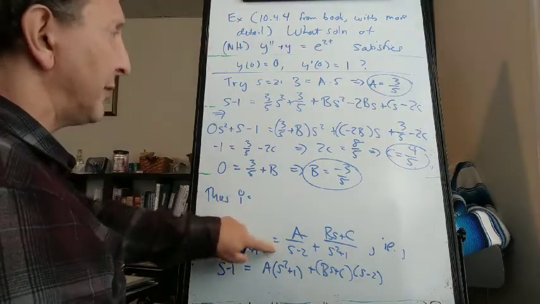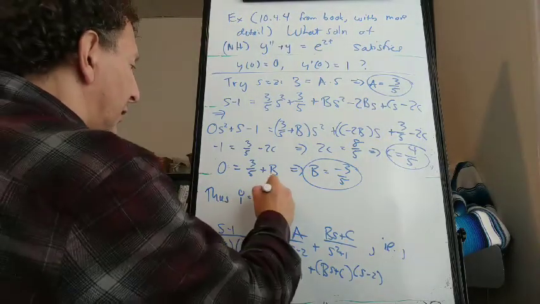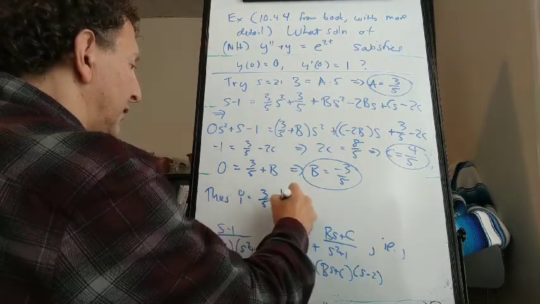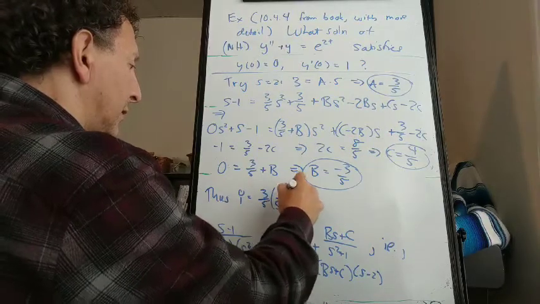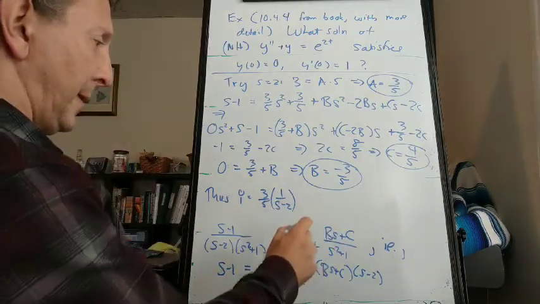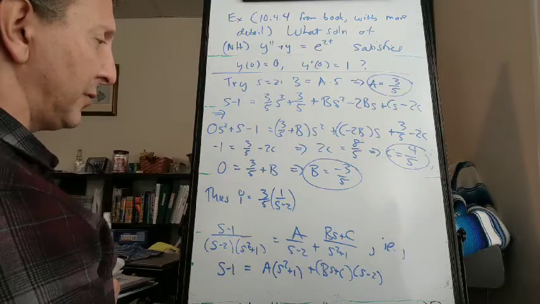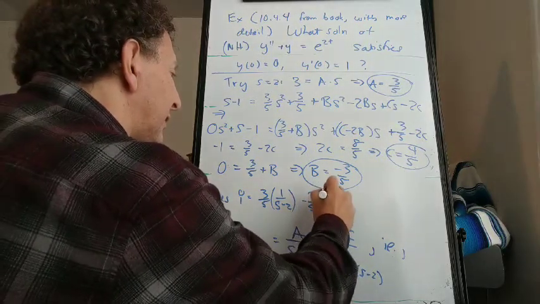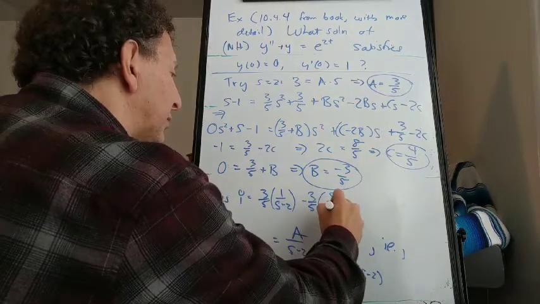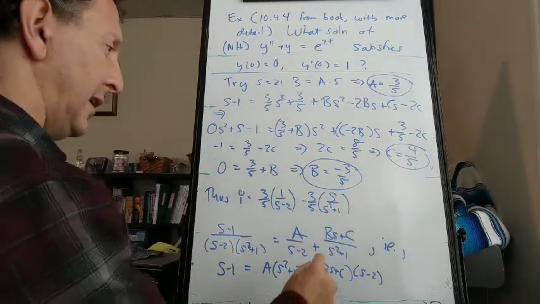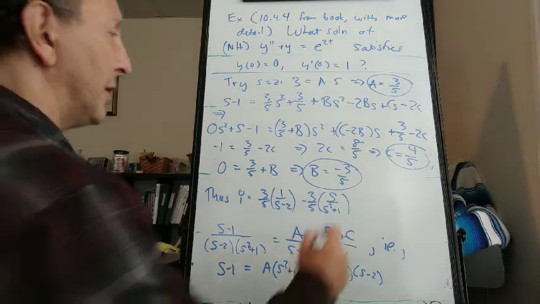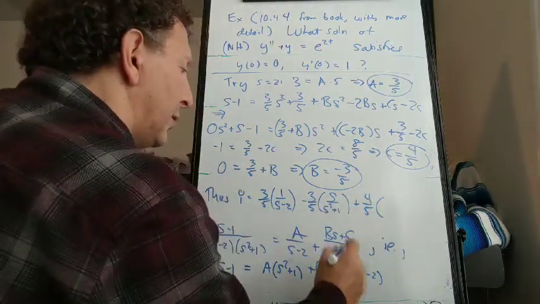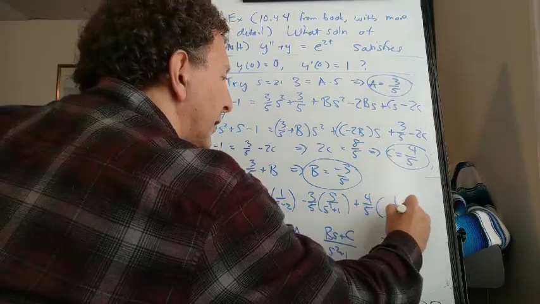So Y equals a over s minus 2, so 3/5 of 1 over s minus 2, plus bs over s squared plus 1, b is minus 3/5 s over s squared plus 1, and then plus c over s squared plus 1, plus 4/5 1 over s squared plus 1.